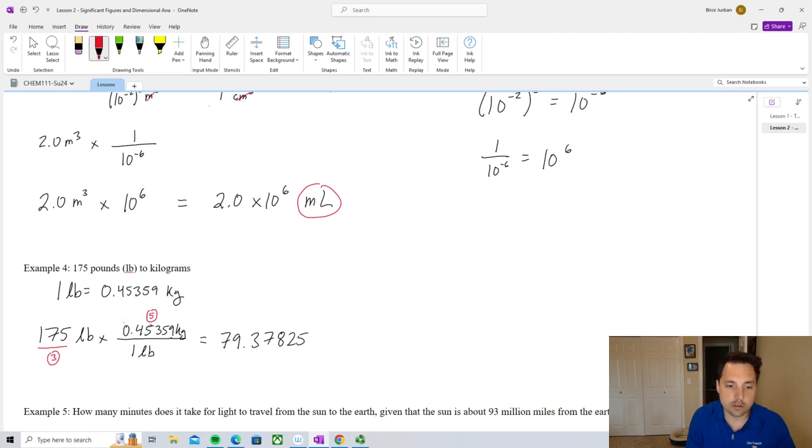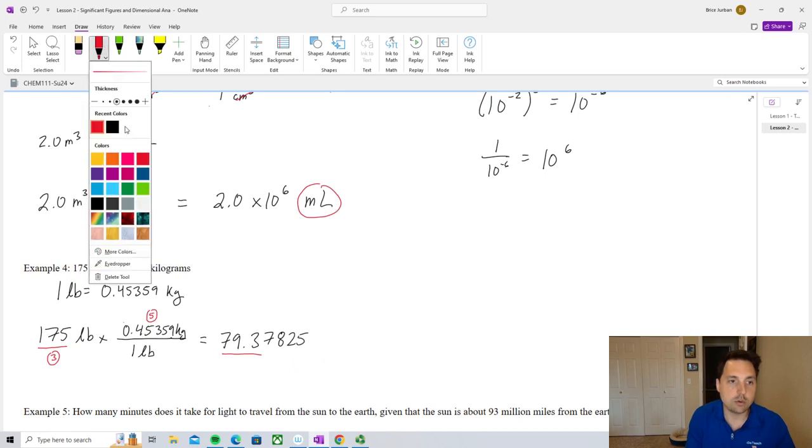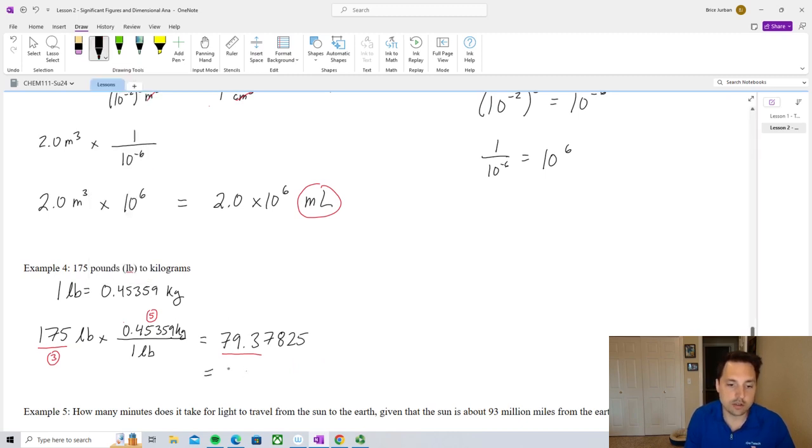So the multiplication rule says that we're going to truncate it to the same number of sig figs that the least precise measurement has, which is the pounds. So here we're going to truncate to the 3 sig figs, and that'll be 79.4 kilograms, because we need to round up, because the 4th digit, first insignificant digit, is 5 or greater.